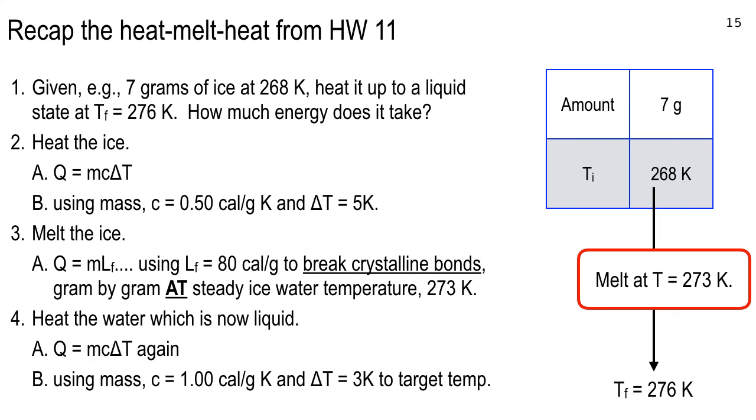If you have a thermometer stuck into it, you'll see the thermometer rise to 273, and then it'll stay there until all the ice is melted. And then once all the ice is melted, it starts to increase again.